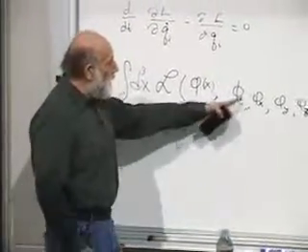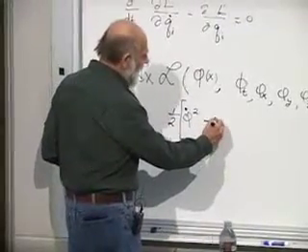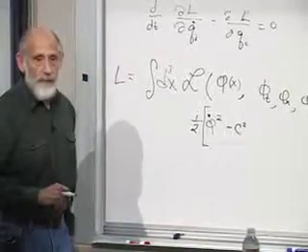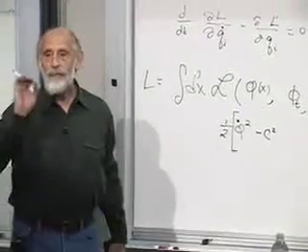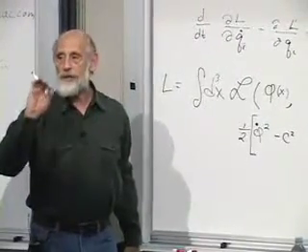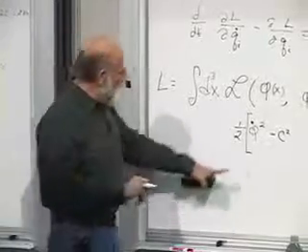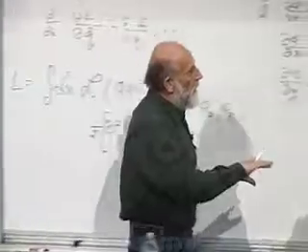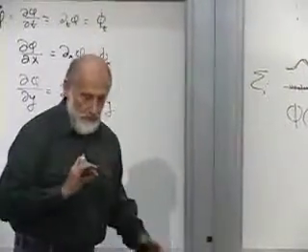And then in the example we worked out over there, there was a minus c squared. Why was there a minus sign here? Anybody remember? Because the Lagrangian is kinetic energy minus potential energy. And what was the potential energy? The potential energy depended on the difference of the field at neighboring positions.